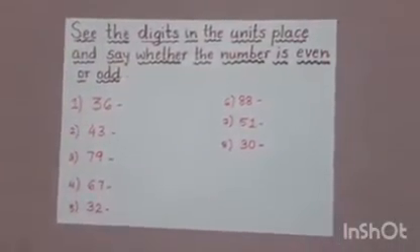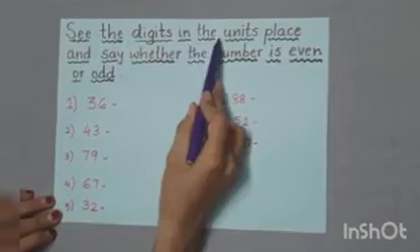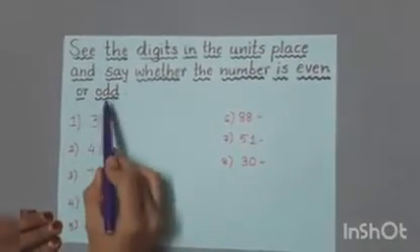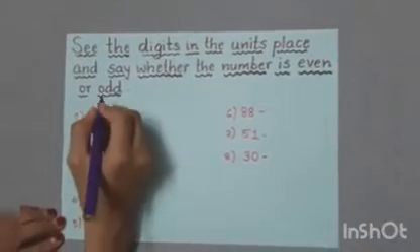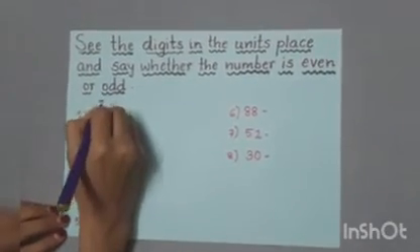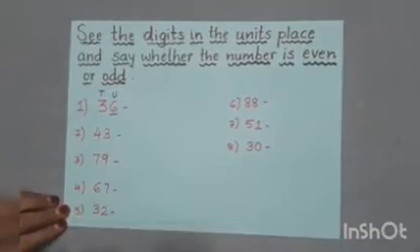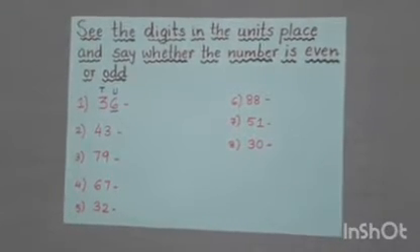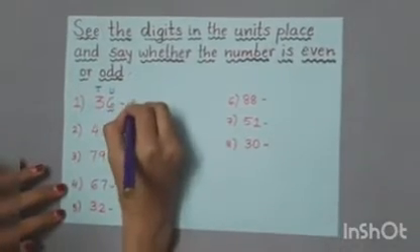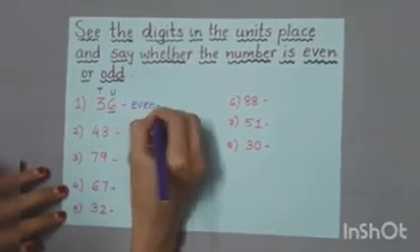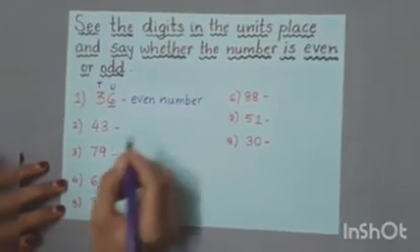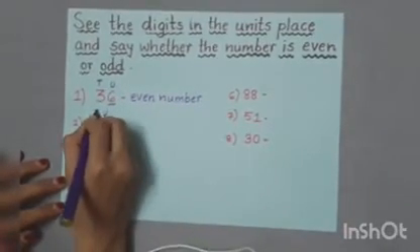Now see the digits in the units place and say whether the number is even or odd. You have to see the units place. Okay. In the units place, the number given is 6. Is 6 an even number or odd number? It is an even number. Very good. The next one, unit and tens.